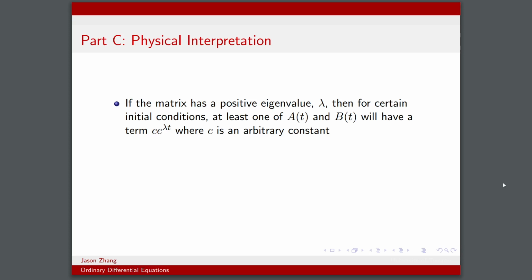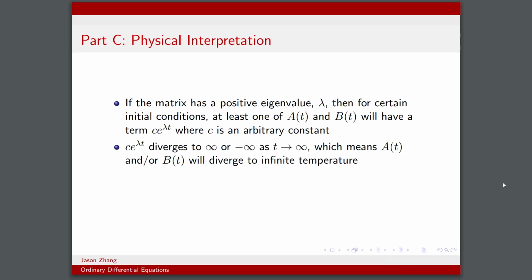If there is a positive eigenvalue, then we will have this term c times e to the lambda t in one of our equations. The problem with this is that when t goes to infinity, this term will diverge either to infinity or minus infinity, depending on the sign of c.